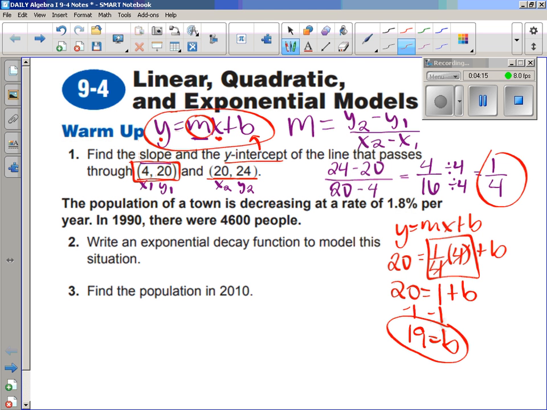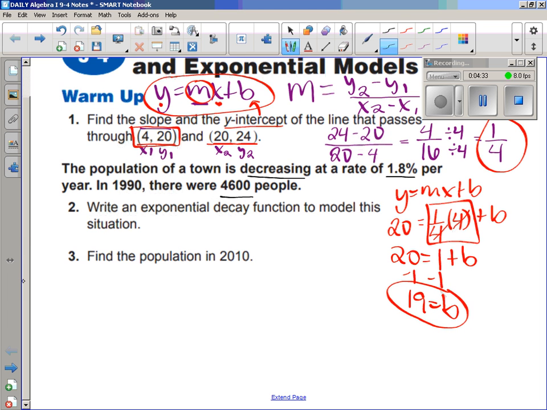Let's look at the next one, because this is what you did just a couple of days ago. It says the population of a town is decreasing at a rate of 1.8% per year. In 1990, there were 4,600 people. So, number 2 wants us to write an exponential decay function to model the situation.